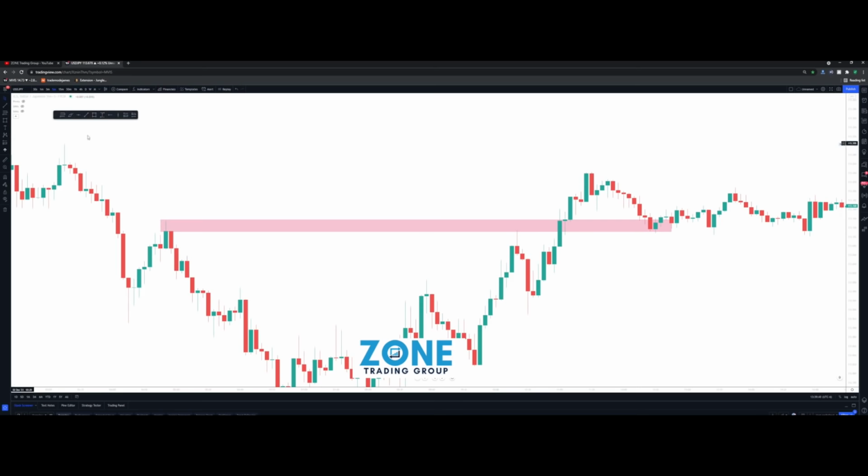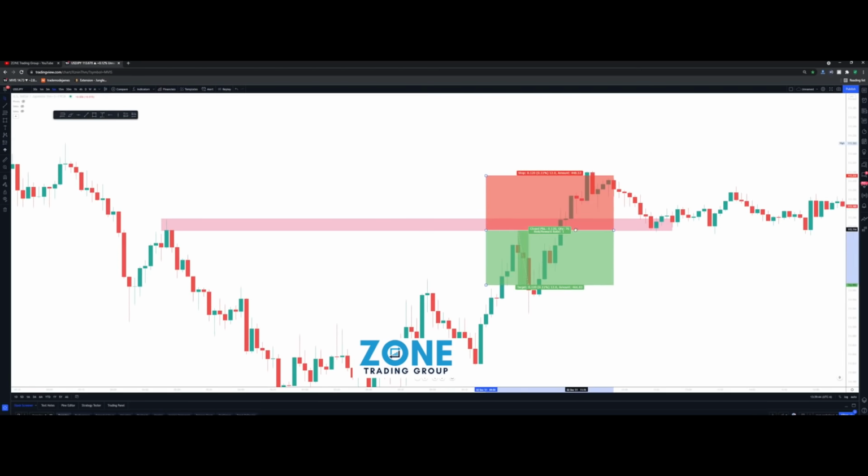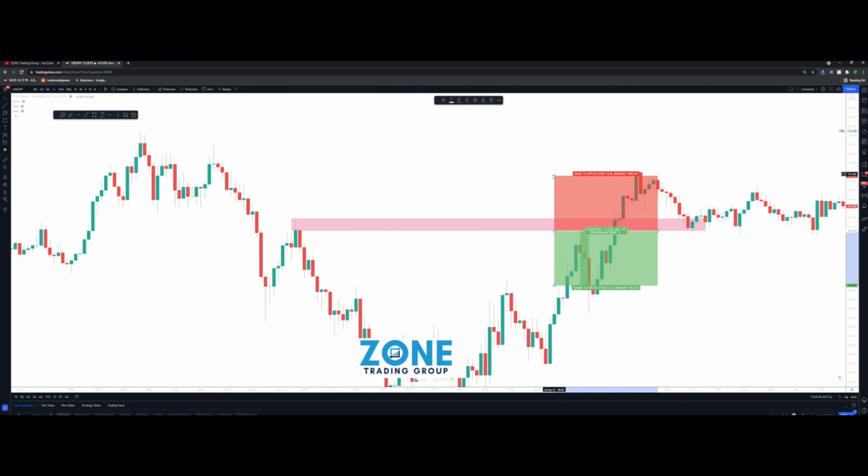So if you entered the trade at the zone, you would have made some nice money here. On our trade, if we enter right at the bottom of the zone, and we set our stop loss at structure, which would have been somewhere about right here, looking to the left, finding structure right along this line.